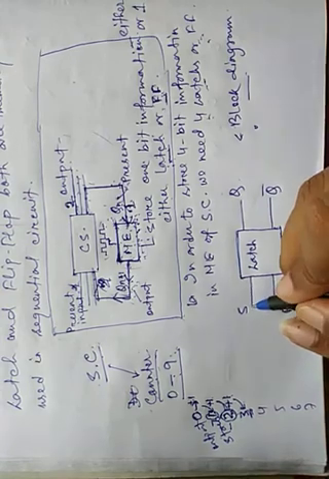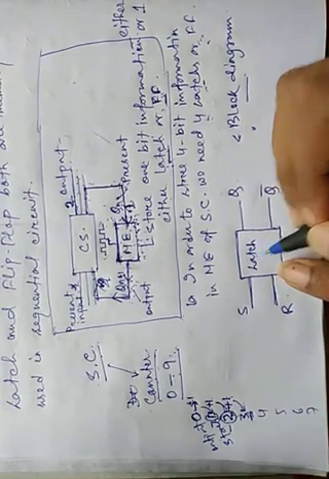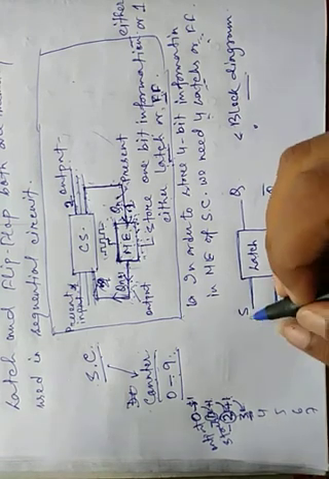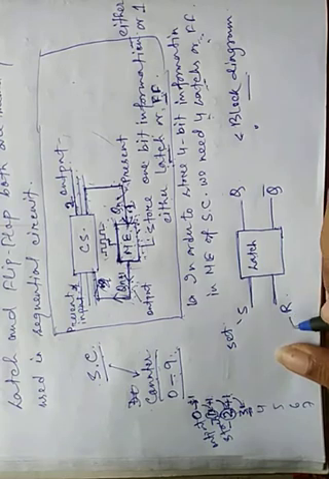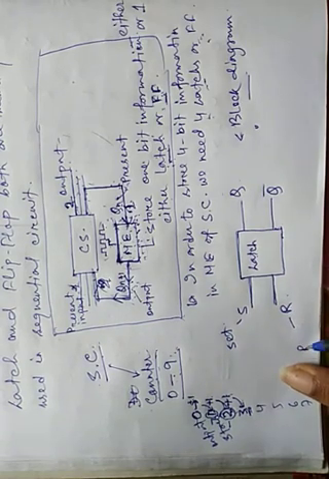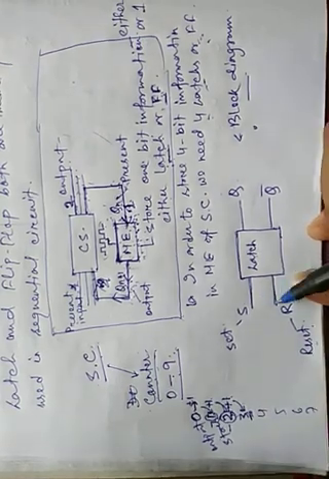In the block diagram, there are 2 inputs, either in a latch or in a flip-flop. S is set, R is reset.